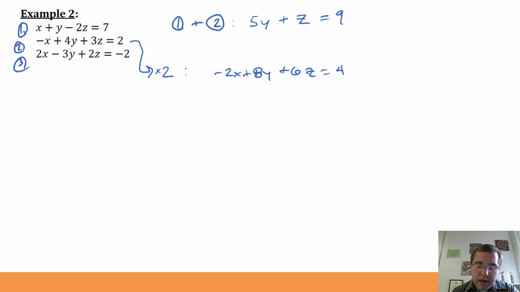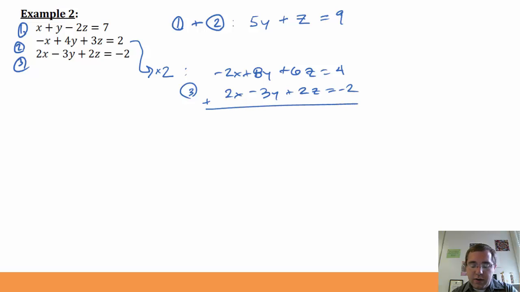If I then just take equation number 3 the way it is, it has a positive 2x, which, when I add it to my new equation number 2, will cancel out those x's, giving me 5y plus 8z equals 2.